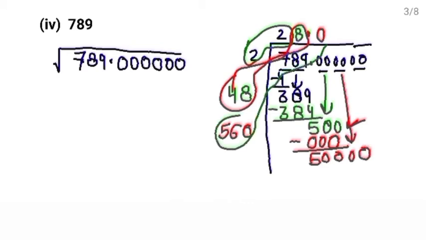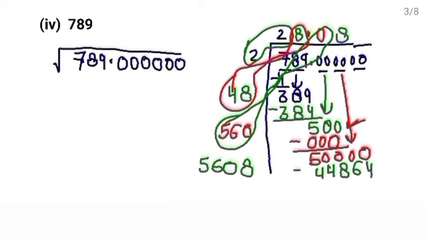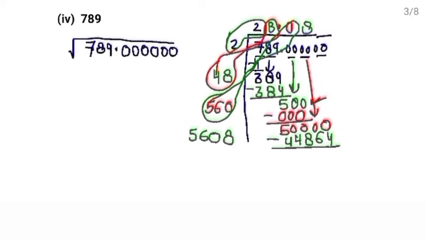Now add this with this 0. It becomes 560. Take 8s, multiplied by 8. You get 44,864. Subtract it. What do you get now? 6315, right? Copy down the next pair again, 0 0.